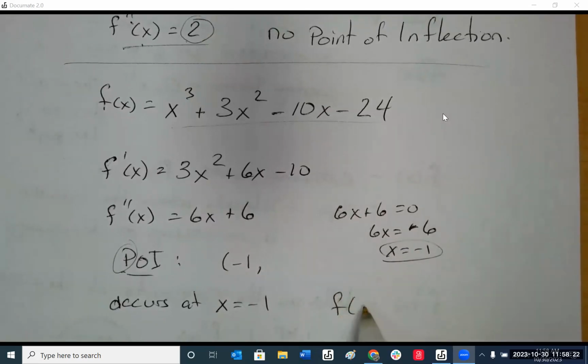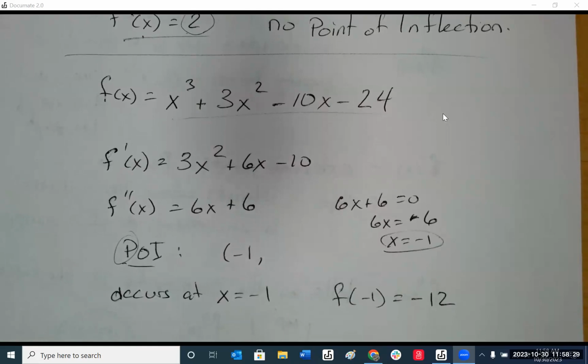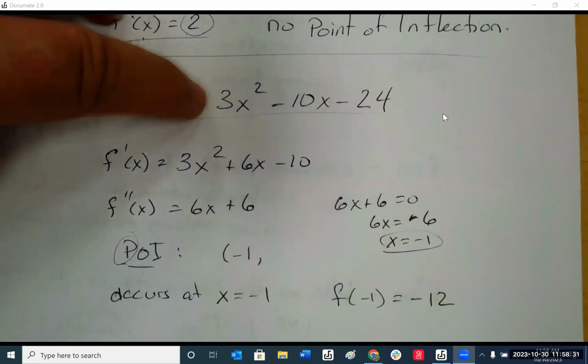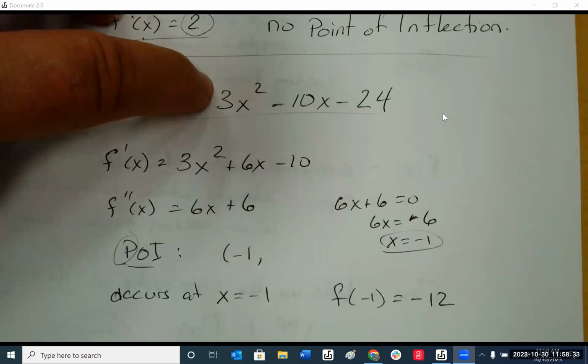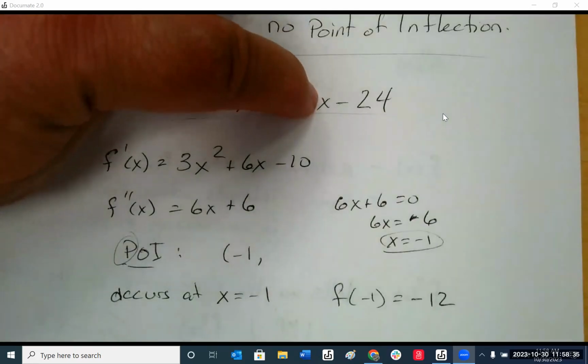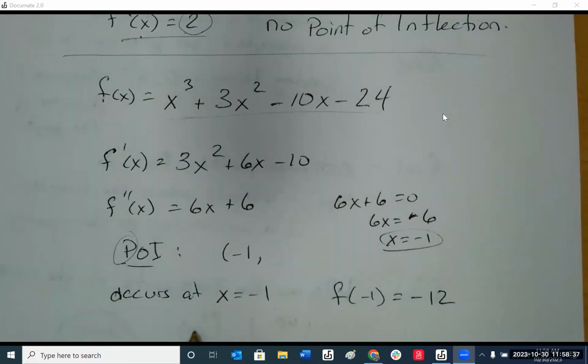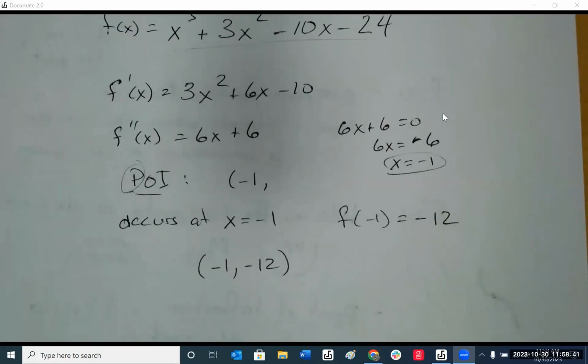So now we've got to find the other point. So -1, which will give us -12. -1 plus 3 is 2. 2 plus 10 is 12. 12, yeah. So the point of inflection occurs at -1, -12.